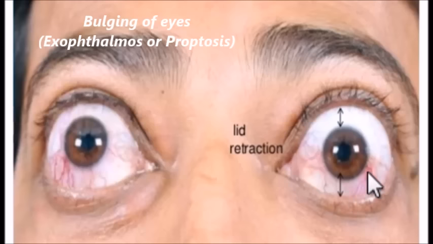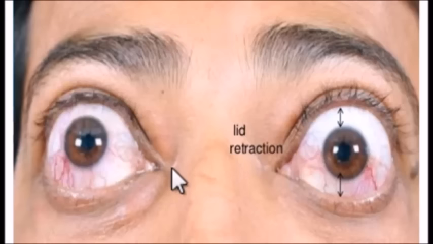You can see the sclera, that is this whiteness, is uncovered and exposed both at the upper end as well as at the lower end. The look here is very frightening and staring. As I said, the staring and frightening look with infrequent blinking is called Stellwag's sign.